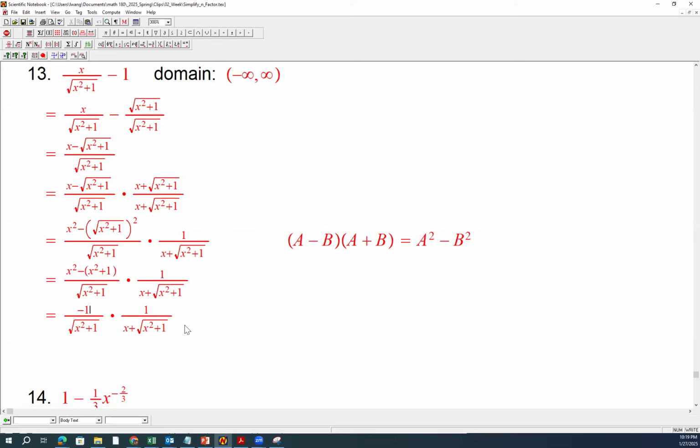Then you say, what about the bottom? In the bottom, you can leave it as is, or you can write it this way. You can take this piece and join it under the same denominator and remove that part altogether.